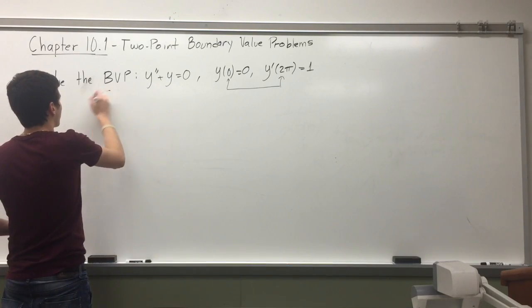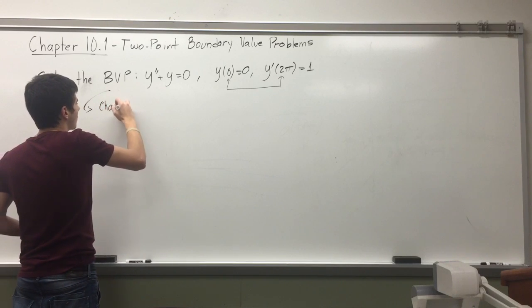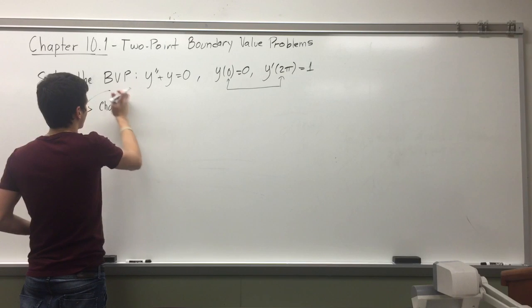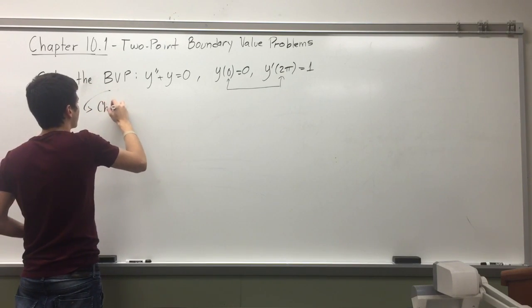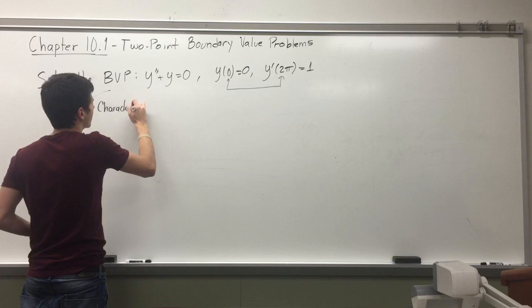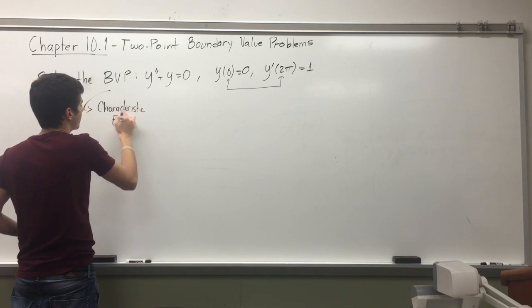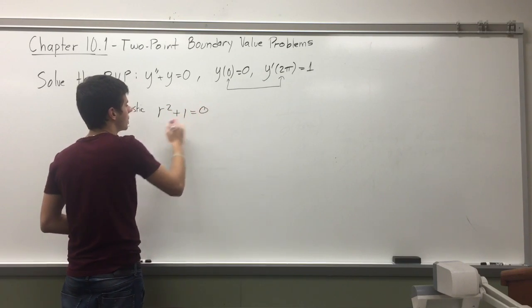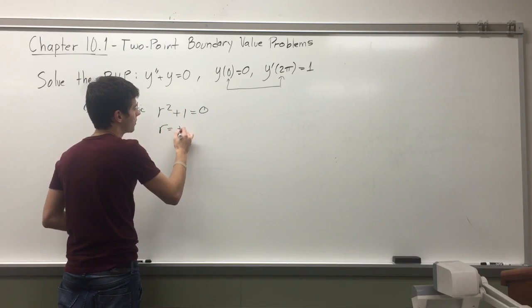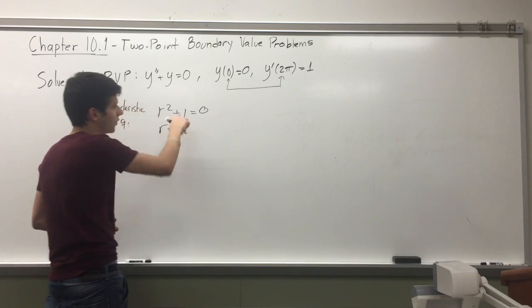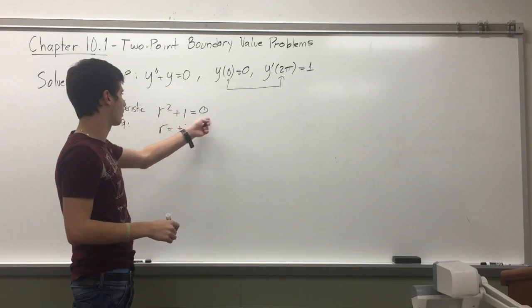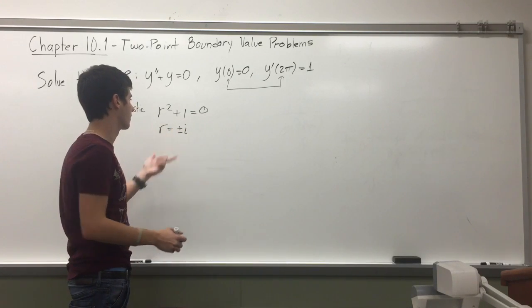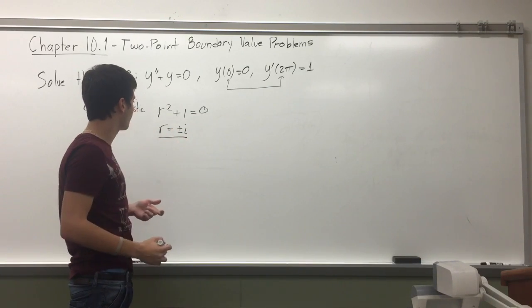We'll start by writing our characteristic equation, which is r squared plus 1 is equal to 0. So r is equal to plus or minus i, if we subtract 1 on both sides and take the square root of negative 1.